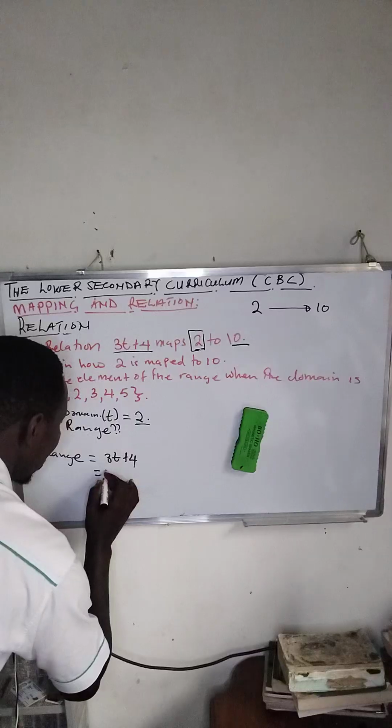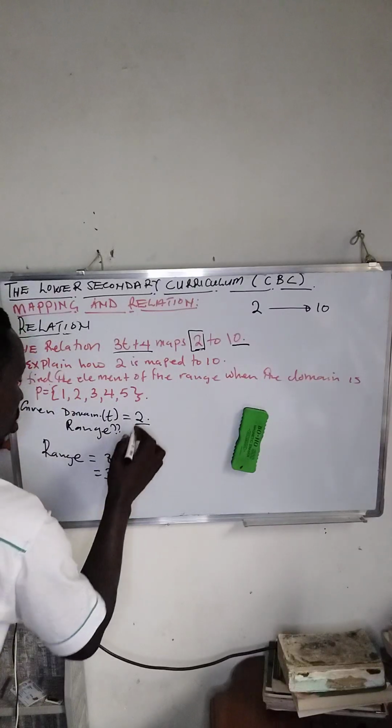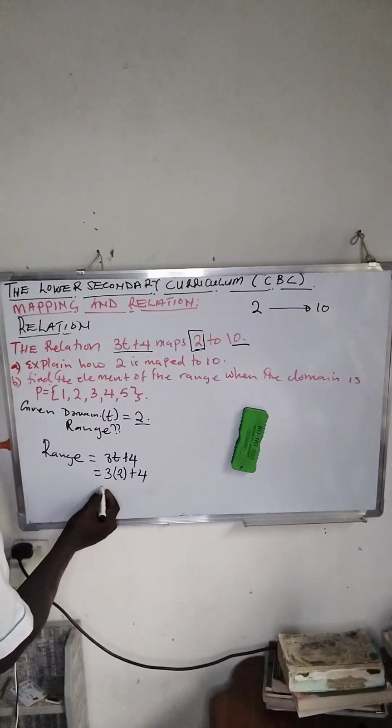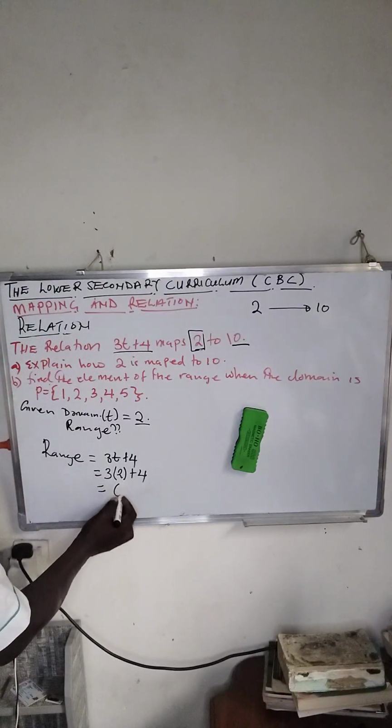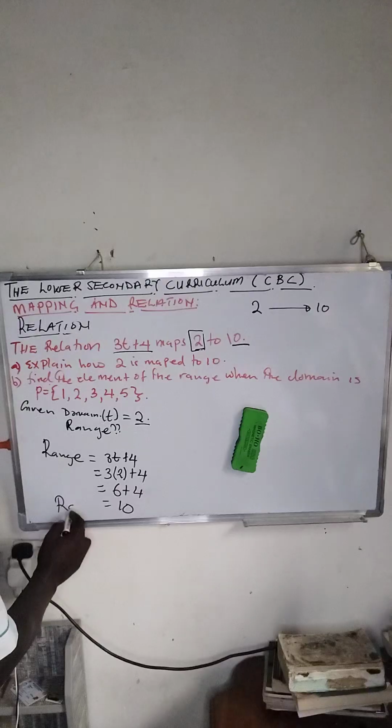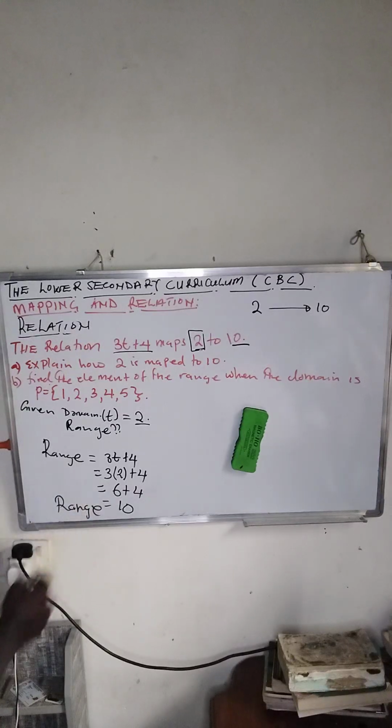Let us see. Now here we are having 3 into 2, this is the domain, and plus 4. When you multiply this one becomes 6, then plus 4, this lands to be a 10. It means our range we obtained as 10.